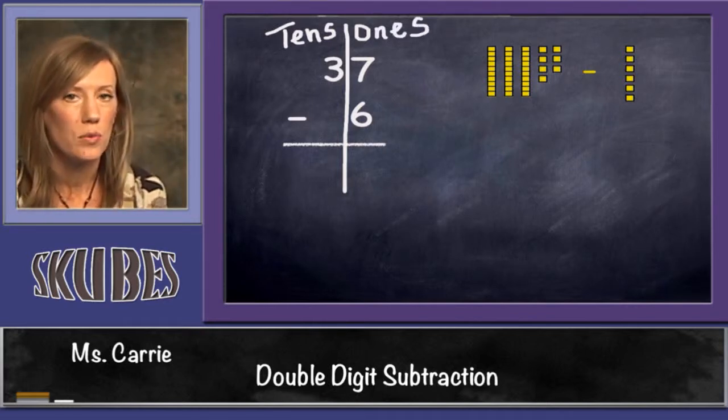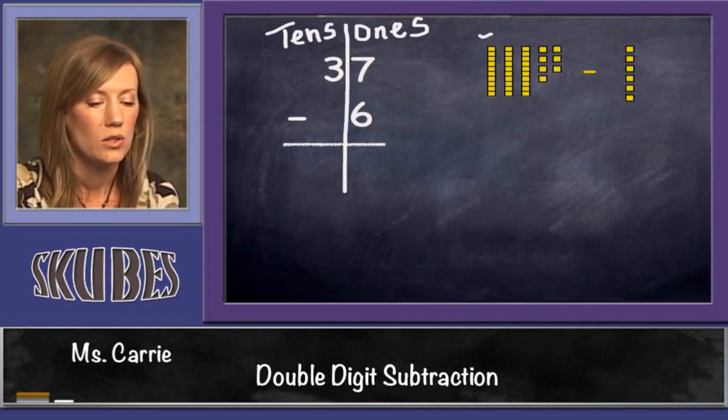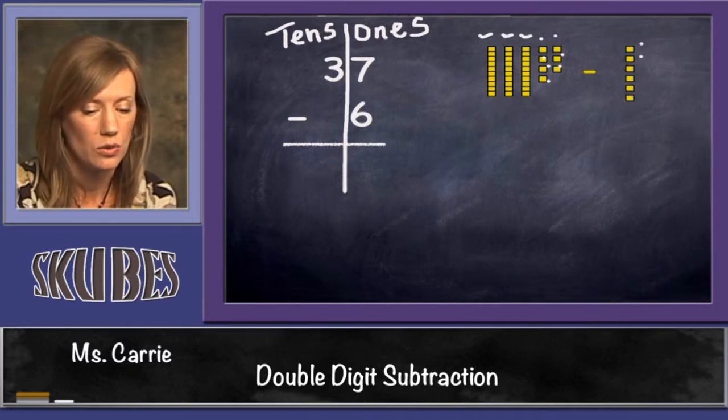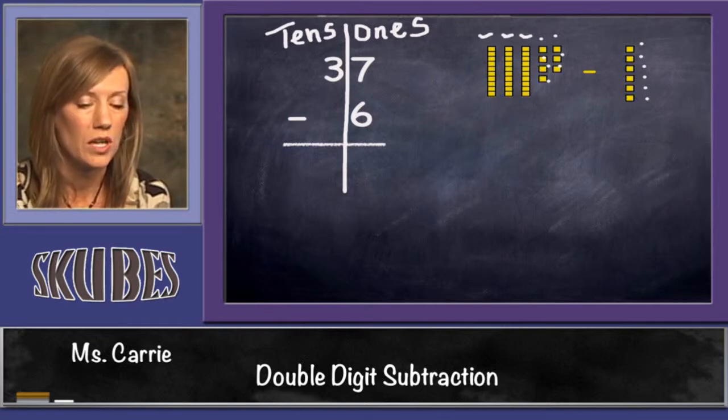Now let's try to solve the problem first using this picture over here. I have 10, 20, 30, 31, 32, 33, 34, 35, 36, 37, minus 1, 2, 3, 4, 5, 6. Our picture matches our problem over here.